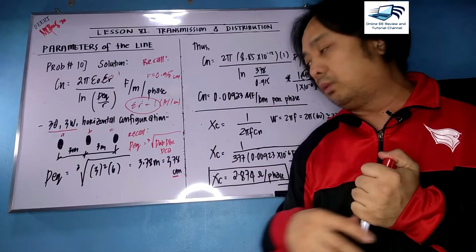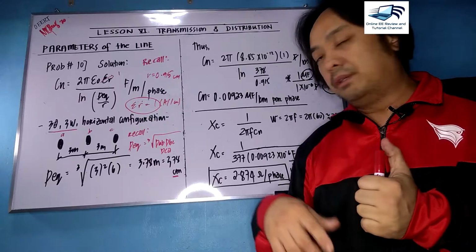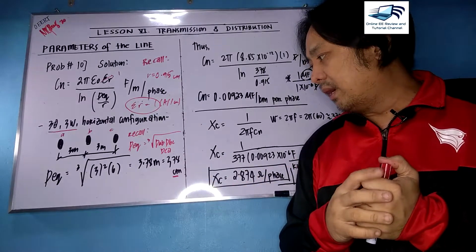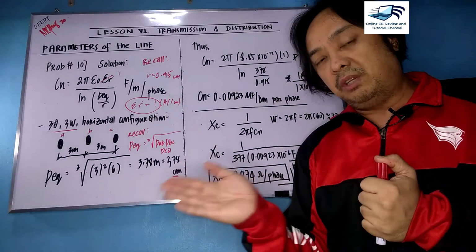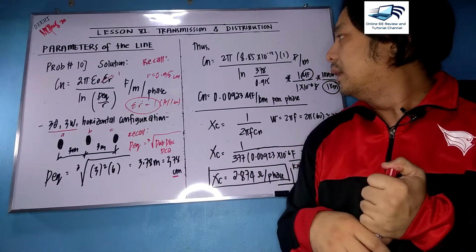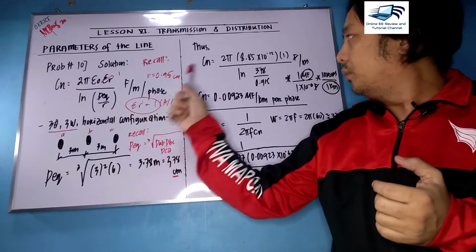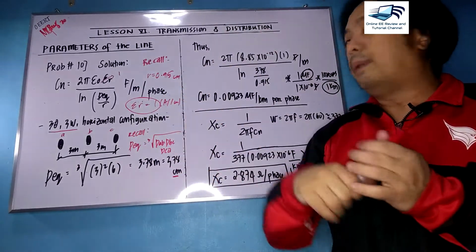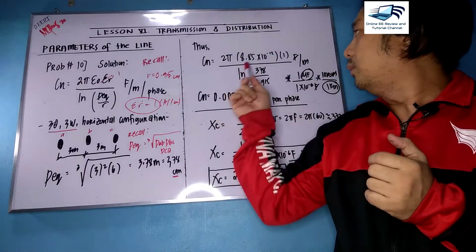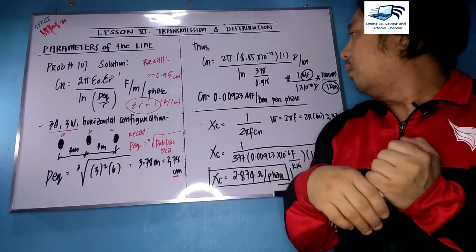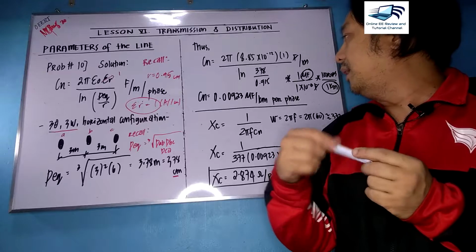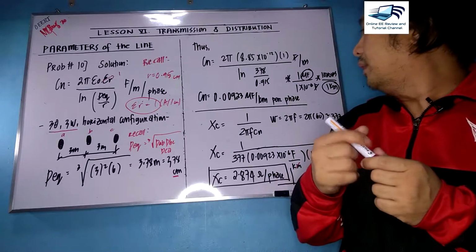So Deq is equal to the cube root of 3 squared times 6. We have 3.78 meters, or 378 centimeters if we multiply it by 100. So thus, by substitution on this formula, we have 2 pi times 8.85, which is your E0 constant, times 10 to the negative 12, times 1, over ln of 378 over 0.915.